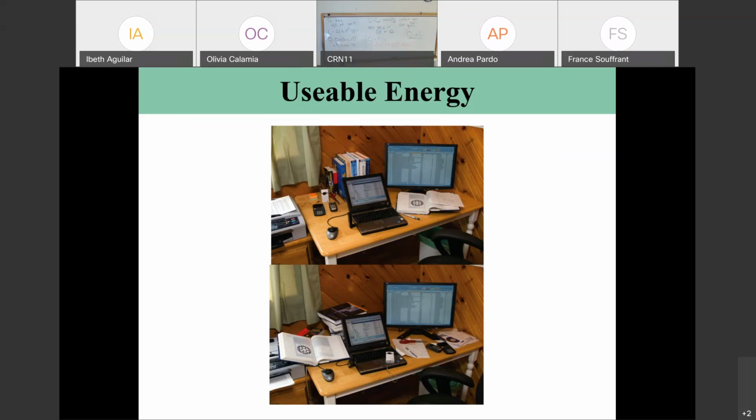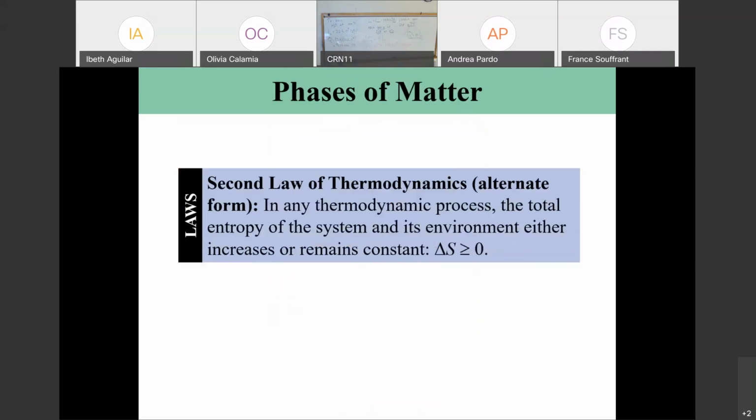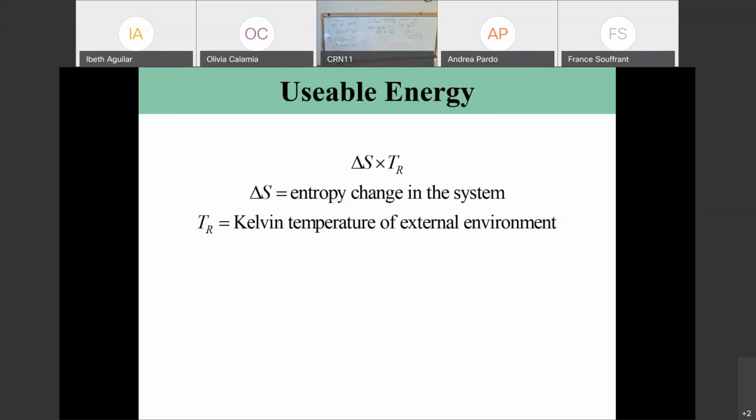Just remember that entropy is a measurement of particle disorder, and the symbol for that is S. And we have this equation. We can see that the entropy and the temperature are inversely proportional. Because, as I said, the entropy is equal to the rate of change of heat as a function of temperature, and is measured in joules per Kelvin.